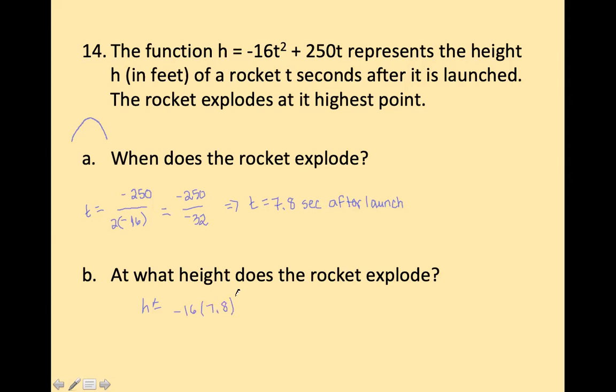So negative 16 times 7.8 squared plus 250 times 7.8. So I think I already have this done on my calculator. So I'll just work through that here real quick. Yes, it should be. The height is 976.56 feet. And again, you can type this in your calculator to verify it.